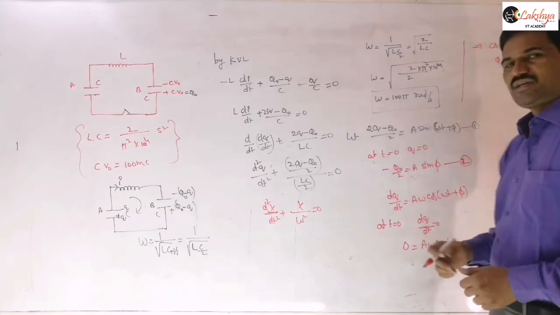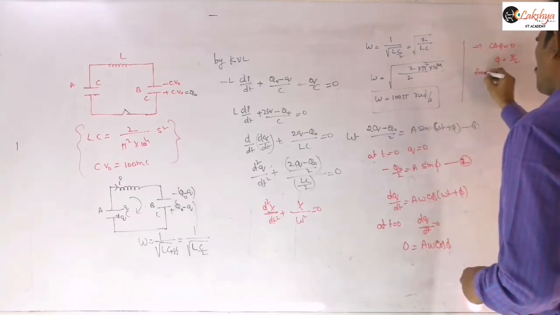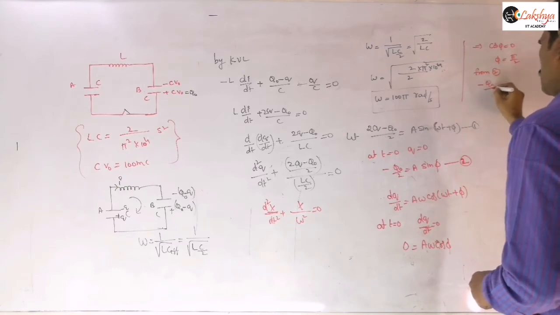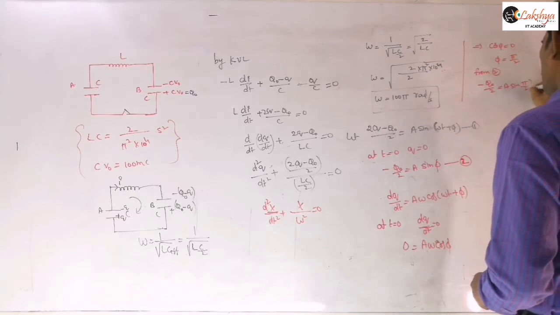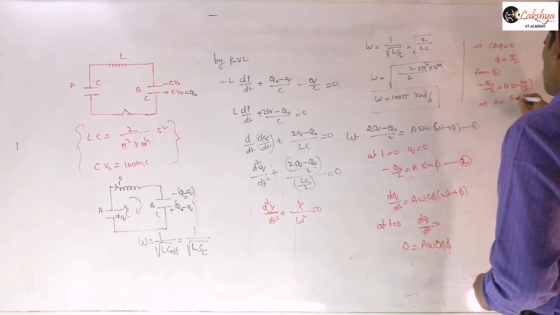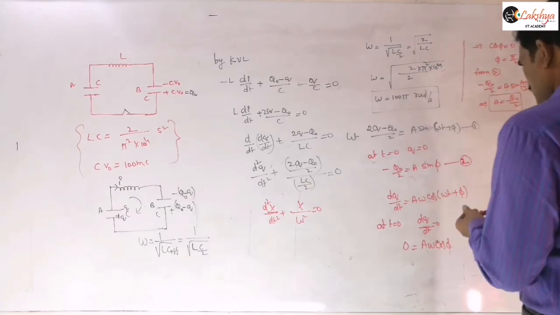So that means cos 90 is equal to 0. So then if you substitute in that equation 2, minus q naught by 2 is equal to A sin pi by 2. So that implies that A is equal to minus q naught by 2 you will get. So that is our A value.